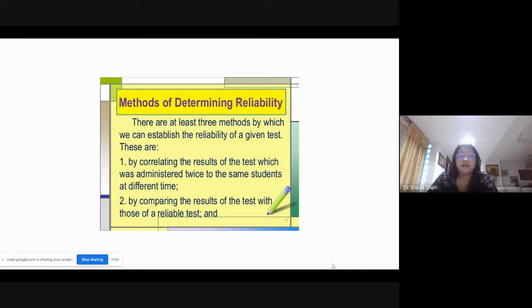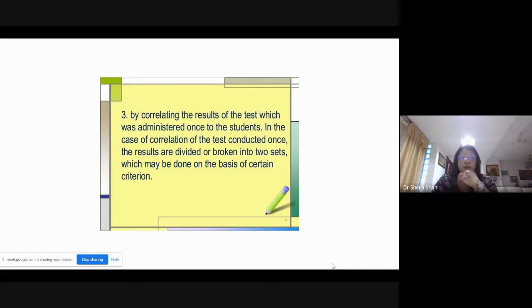By comparing the result of the test with those of a reliable test that has been done before. When you adapt a questionnaire, this questionnaire has been done before. So when you see the reliability of your test and their test, then you can see how far the instrument is good.